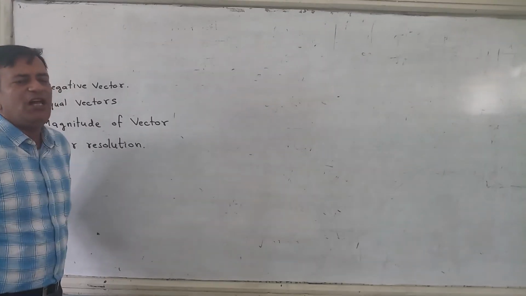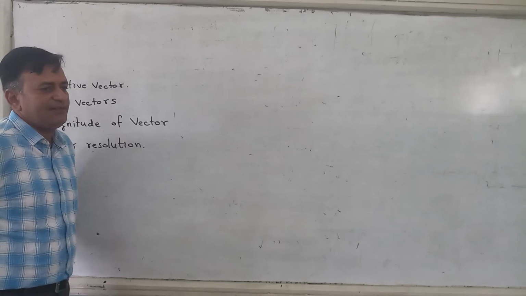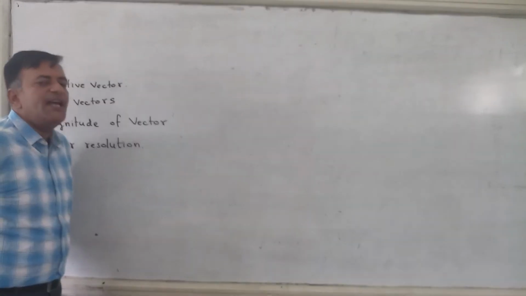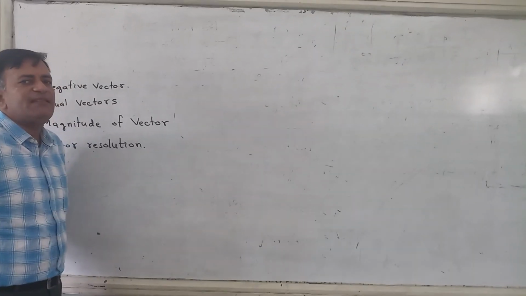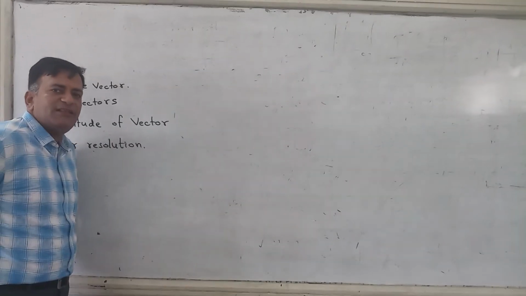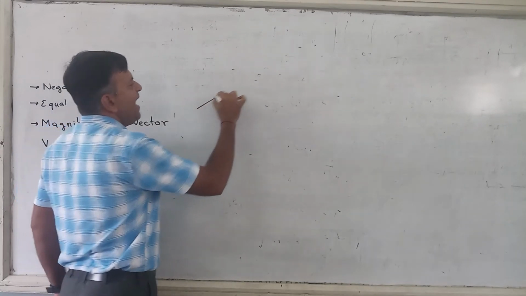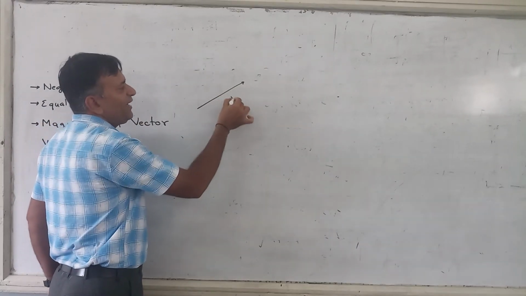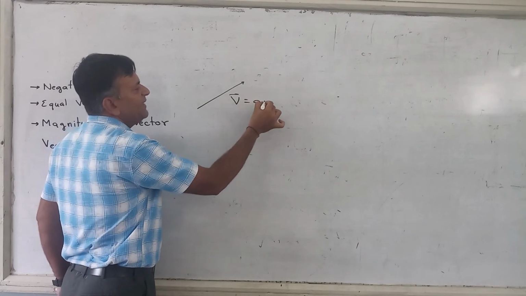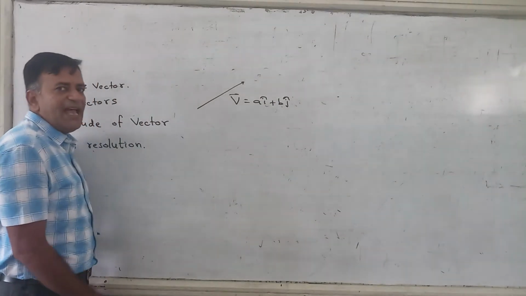So how do we resolve a vector? We resolve a vector into different directions. Okay? Resolving a vector means dividing a vector into different directions. Say for example, I have this vector, vector V, which is given as ai cap plus bj cap.